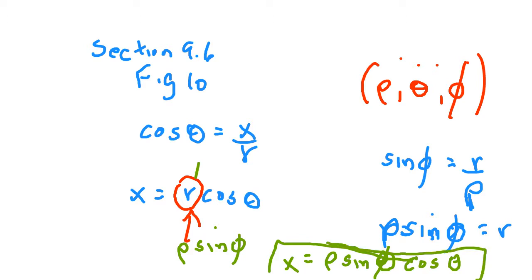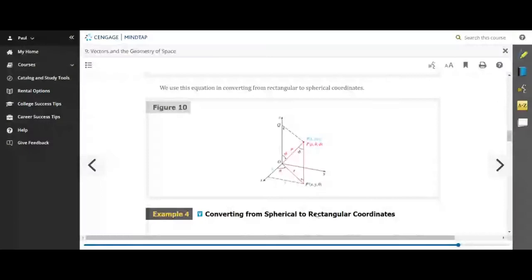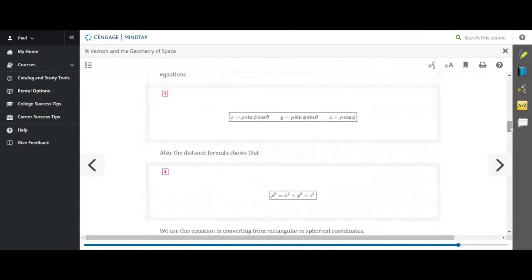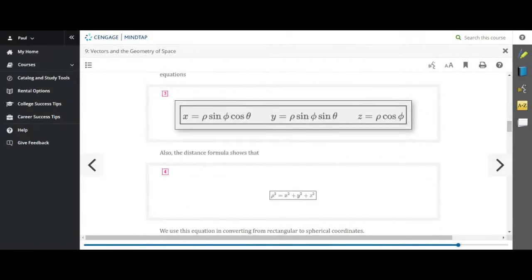This justifies the first of those three conversion formulas. It justifies the x. The other two you can get just by looking at figure 10.